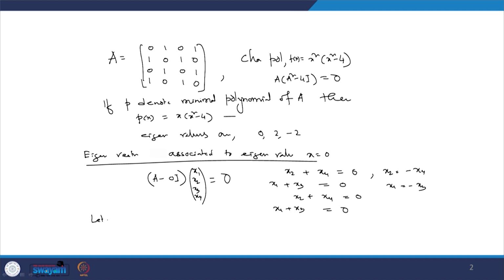Let us put x3 equal to 1 and x4 equal to 0. Then I will have V1, one eigenvector, with x3 equal to 1. So, x1 will be minus 1, x2 will be 0, x3 is 1 and x4 equal to 0, transpose. Putting x3 equal to 0 and x4 equal to 1, I will have V2.